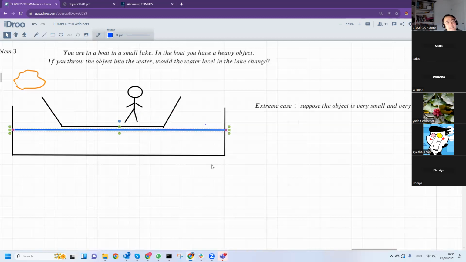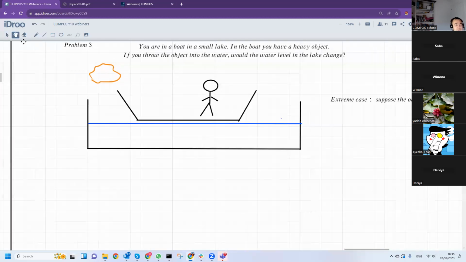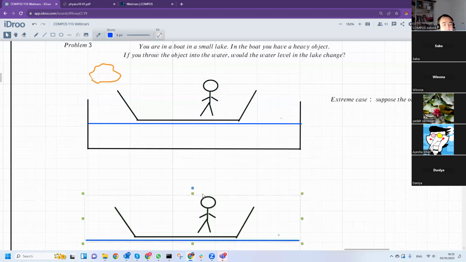Right. So let's say the boat is out of the water. The boat is not in the water yet, and the object is not in the boat yet.